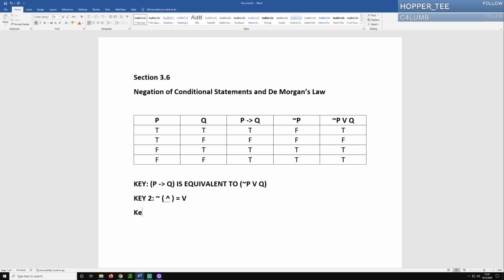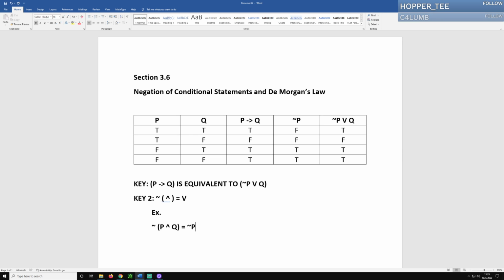And then key number 3, but actually, let me do the example first because I said I would. Say we have not (P and Q). If we want to make an equivalent statement, that's going to be distributing the not to both things.